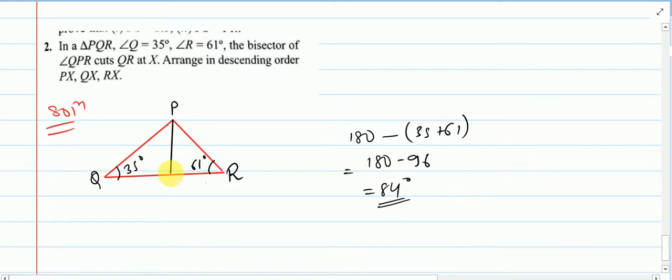So this PX is the bisector of angle QPR. That means this angle and this angle are going to be equal, but total is 84, that means half over here, half over here. So this will be 42, this will be also 42.